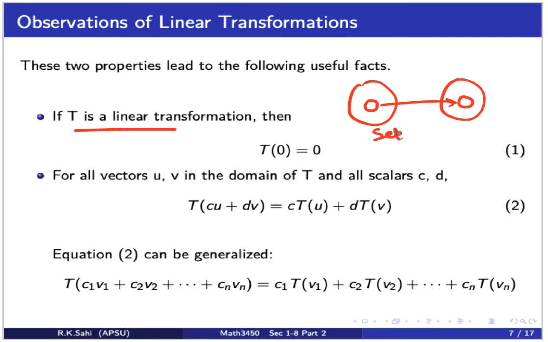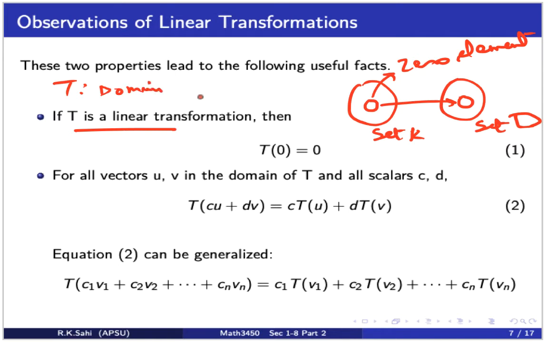So say one set, say set K, and this is another set, say D. So when I say T is a linear transformation, that means it is mapping the zero vector to the zero vector of the codomain of T. Remember, T will have a domain, and it's a linear transformation going to the codomain.